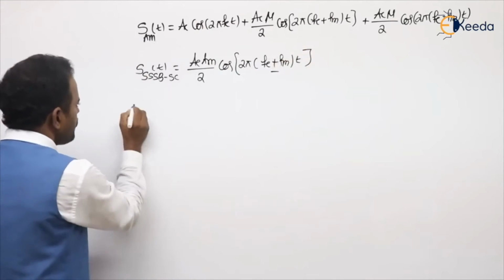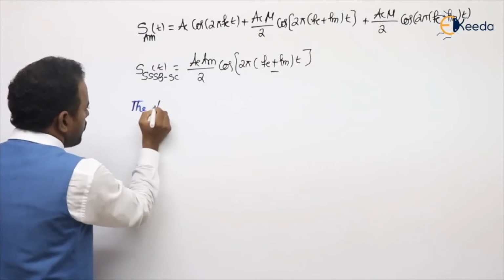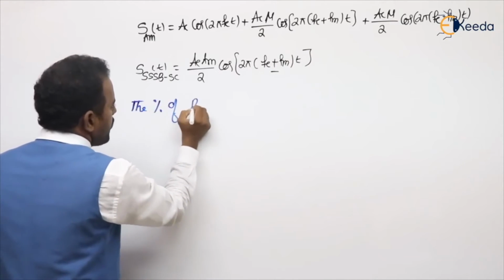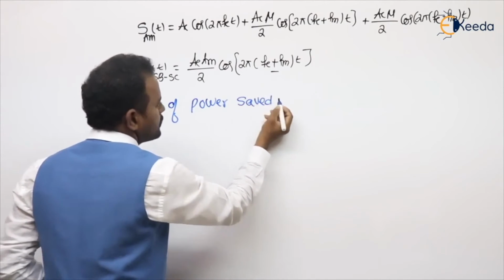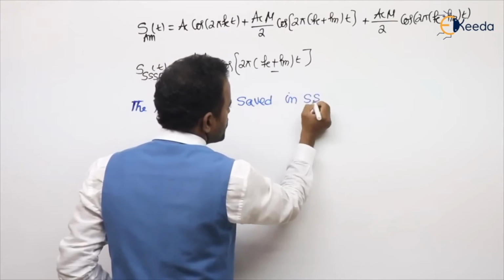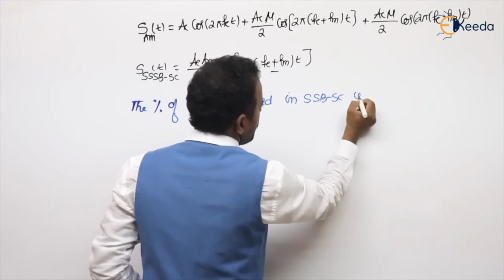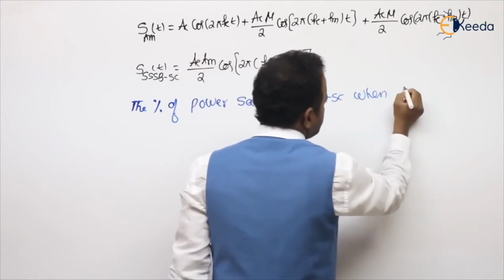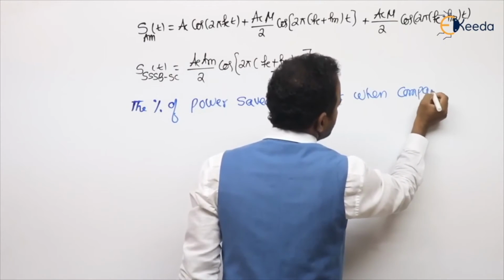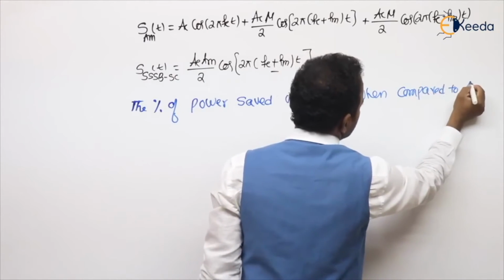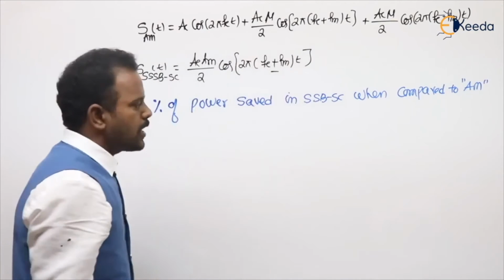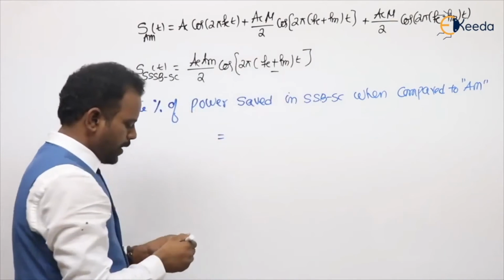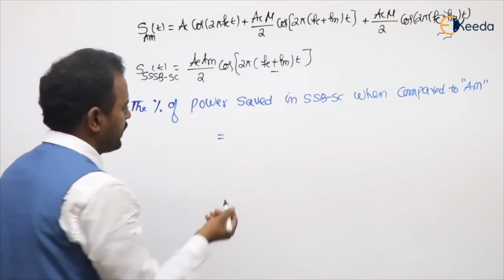So, the percentage of power saved in SSB-SC when compared to AM: what is the common formula I told? Power saved by total power.